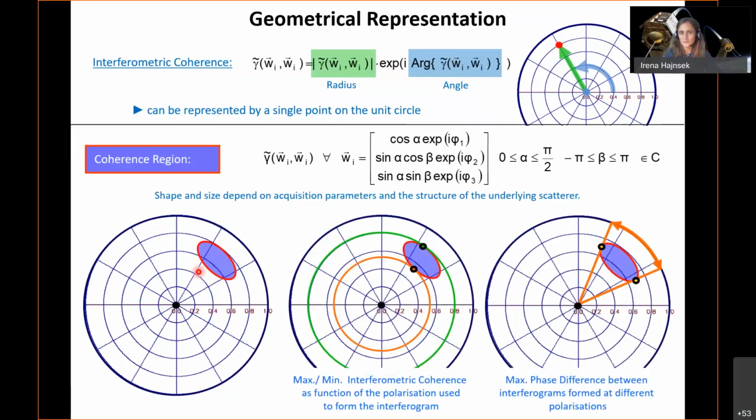Okay, what can we do in order to define this kind of region of interest, or this coherence region? We can define the borders of it. So we can define, as shown here, the minimum and maximum of the interferometric coherences. Remember, this is an axis where we have the interferometric coherences, and we can also define the phase difference.